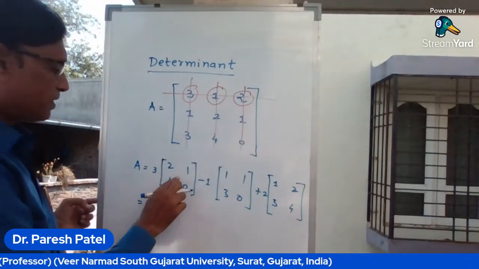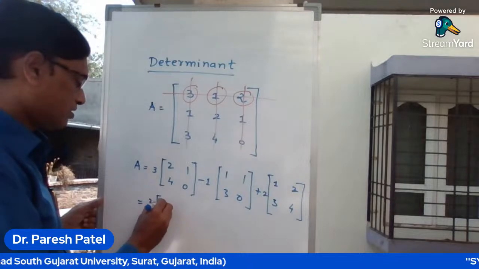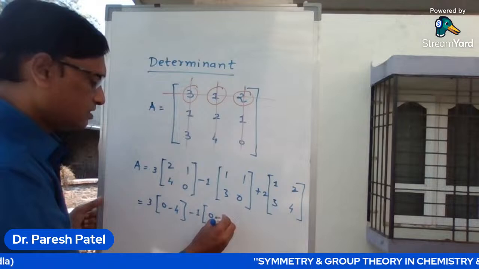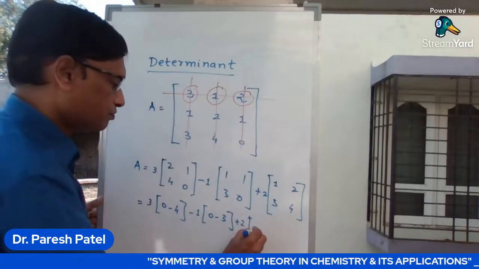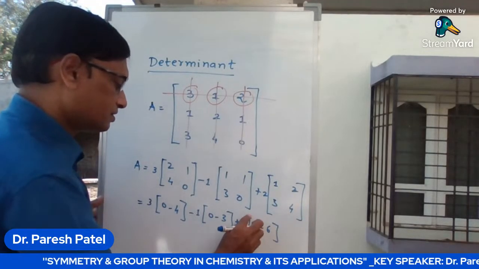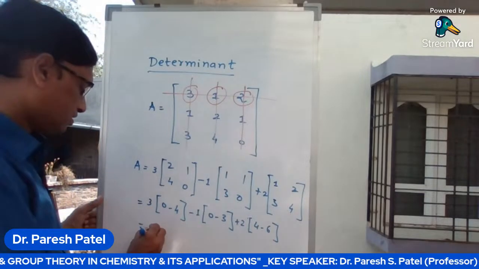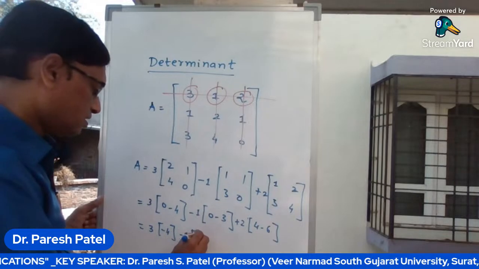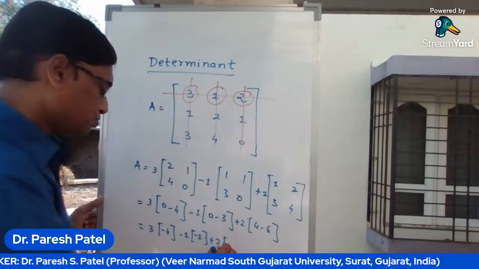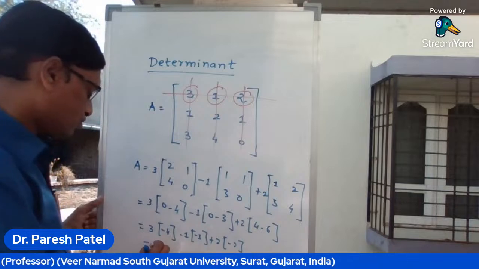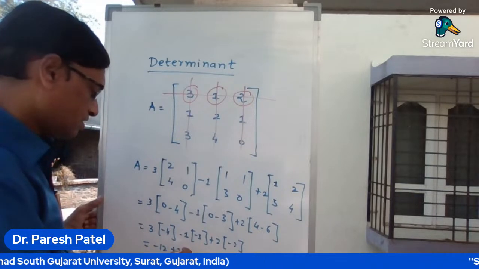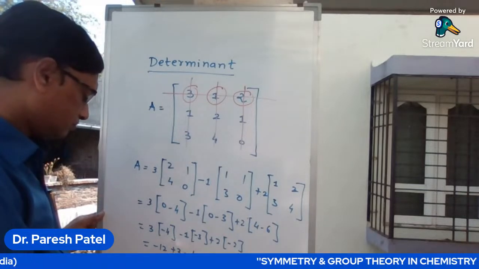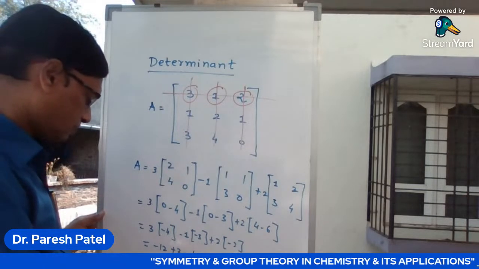Now these are two-dimensional matrices. So 3 times (2 times 0 minus 4 times 1), minus 1 times (1 times 0 minus 3 times 1), plus 2 times (4 minus 6), which is 3 times minus 4, minus 1 times minus 3, plus 2 times minus 2, equal to minus 12 plus 3 minus 4, which is minus 13.